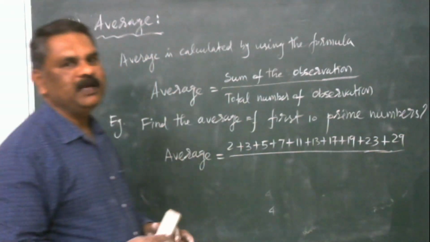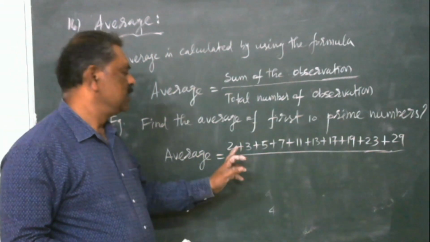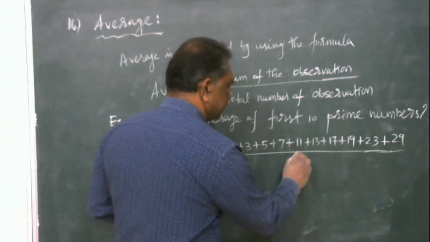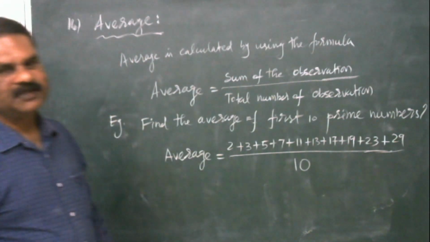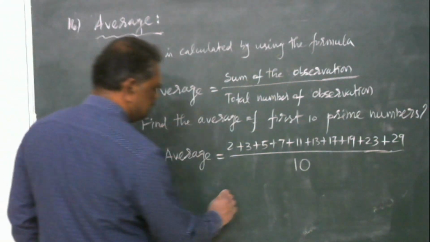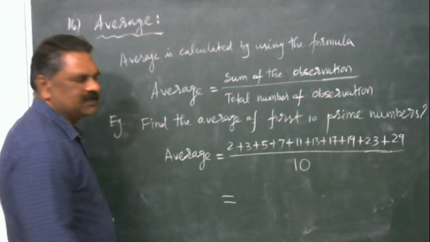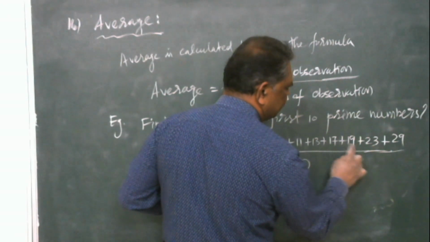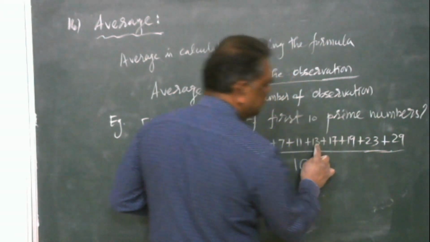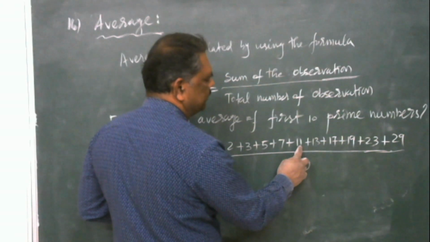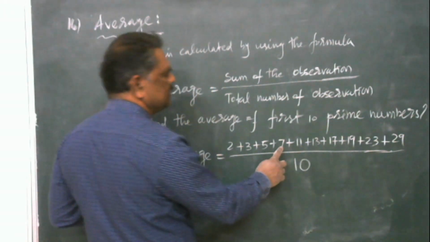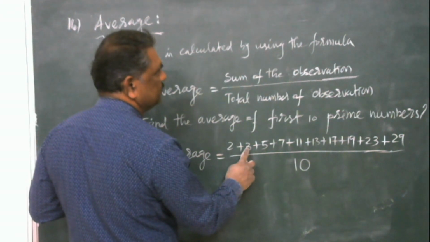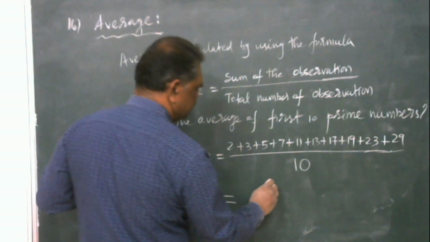Divided by how many prime numbers that we are adding? 1, 2, 3, 4, 5, 6, 7, 8, 9, 10. So we have to divide by the number of prime numbers. That is average. Very simple formula. So we need to add all the numbers. Units place: 9 plus 3, 12, 12 plus 9, 21, 21 plus 7, 28, 28 plus 3, 31, 31 plus 1, 32, 32 plus 7, 39, 39 plus 5, 44, 44 plus 3, 47, 47 plus 2, 49.